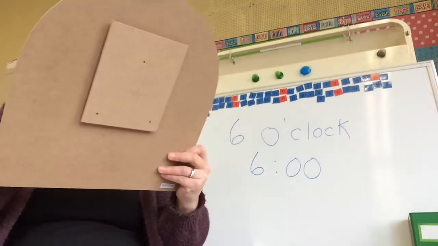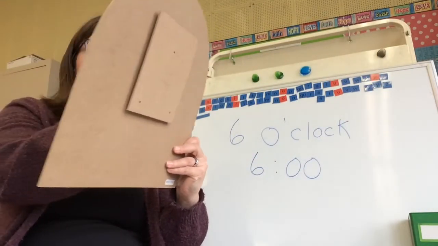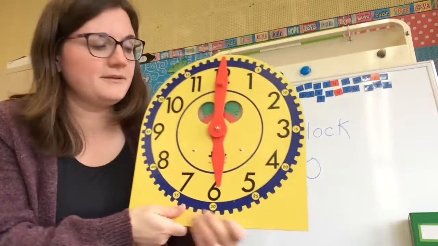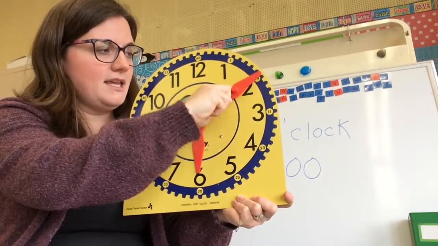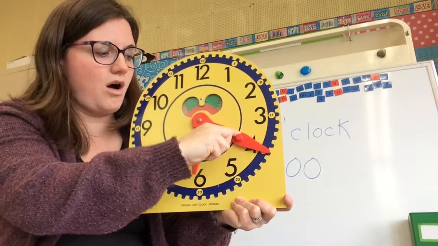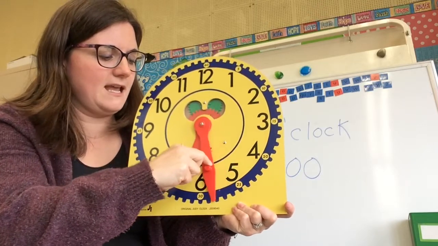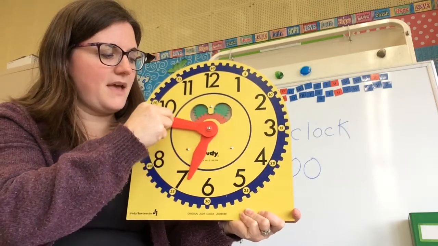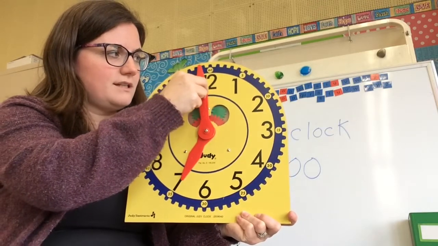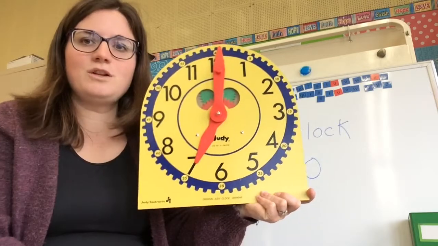Now, I'm going to set my clock to 6 o'clock, okay? And as time passes by, my big hand will go all the way around, and as it gets back up to the 12, you're going to notice something. What did you notice?